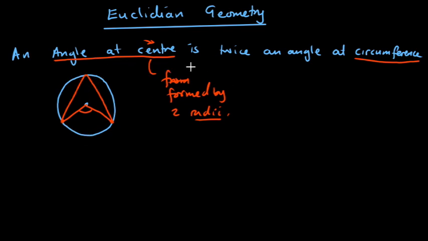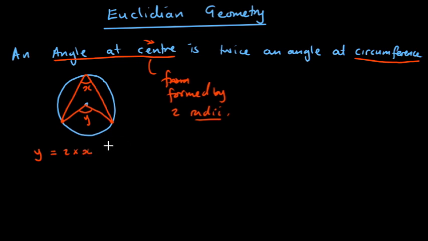So what the theorem is saying is this angle that you are seeing here and this angle, the relationship is that the angle here is twice this angle. Let's say this angle is x, this angle is y. We are saying y is equal to 2 times x.